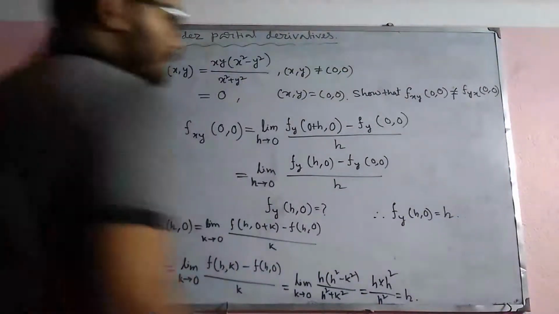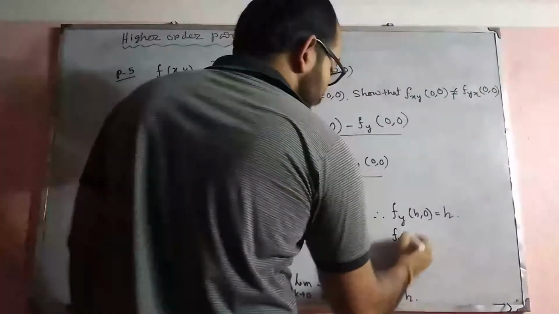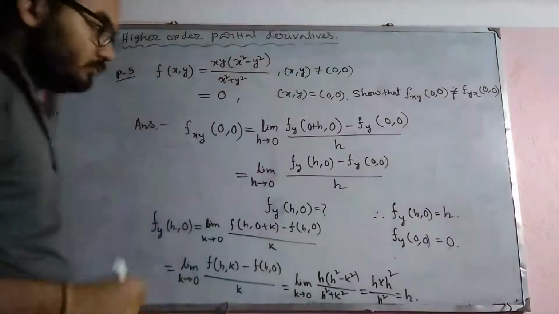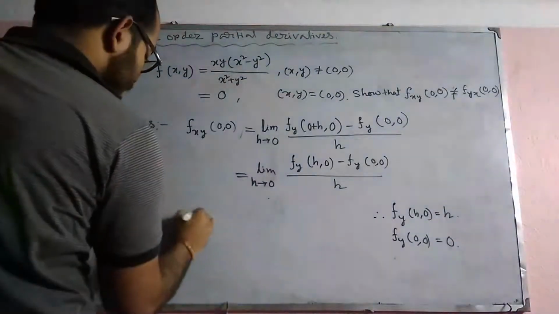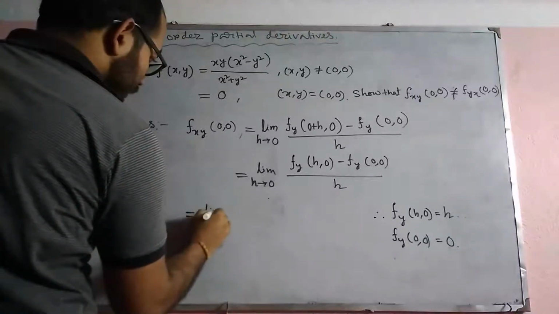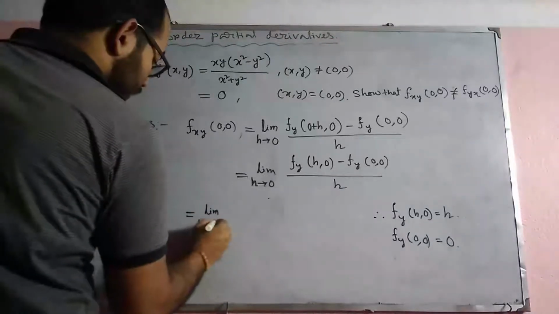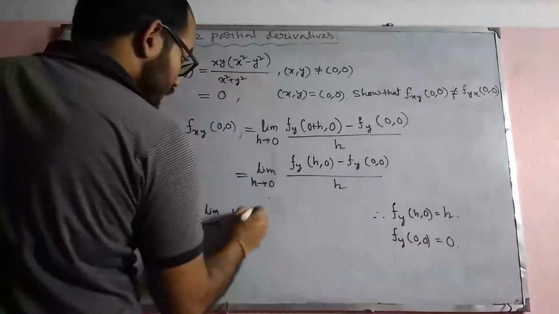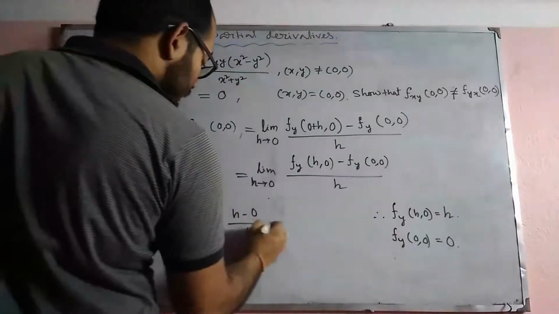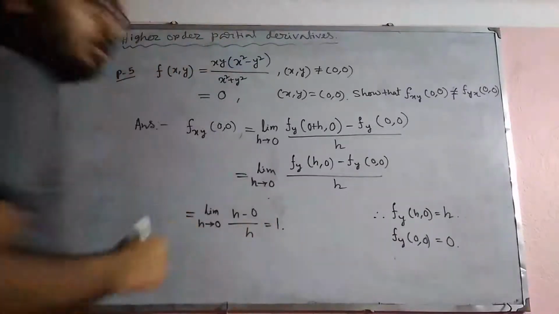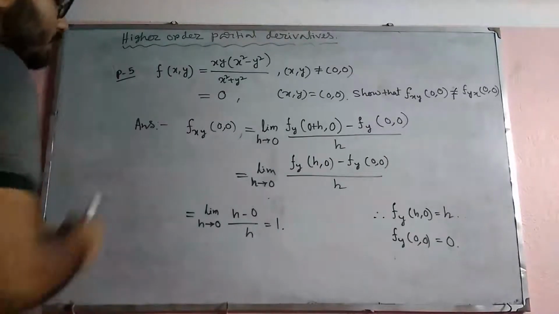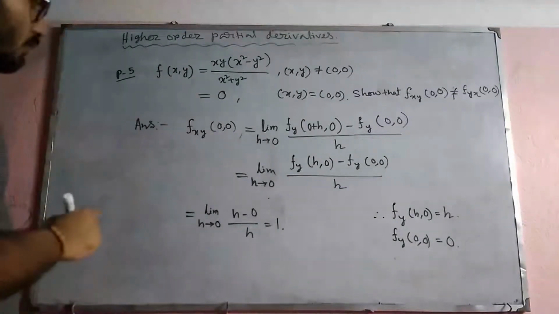Then f y of (0, 0) is equal to 0. So it is equal to limit h tends to 0 of (h minus 0) by h, which is equal to 1. So f xy at (0, 0) is 1.